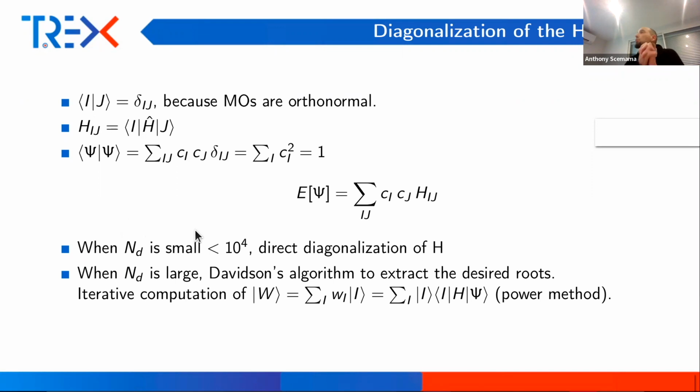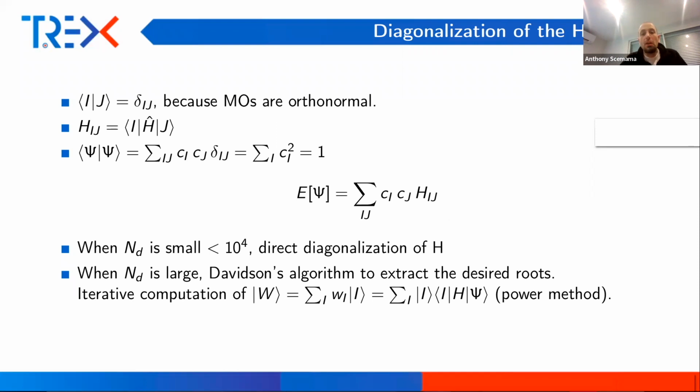We will be able to do a complete diagonalization for small matrices like 10,000 or maybe even 100,000, but not much more. And when the number of determinants is going to get larger and larger, it will not be possible to diagonalize exactly the Hamiltonian, and we will then use other methods than exact diagonalization.